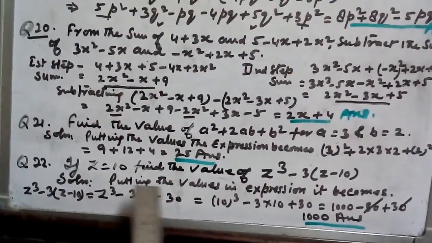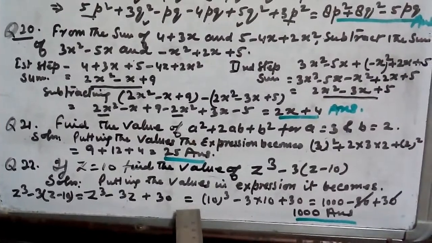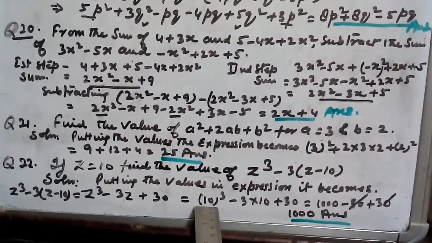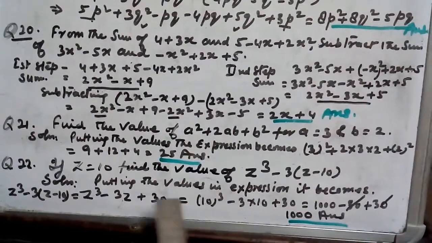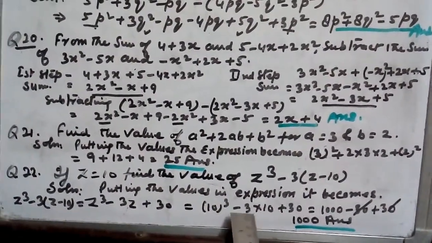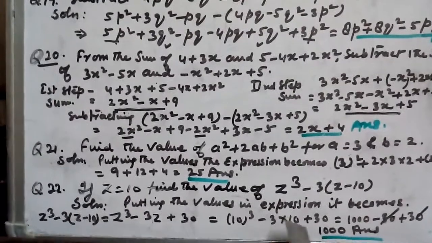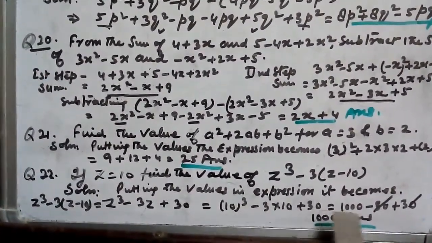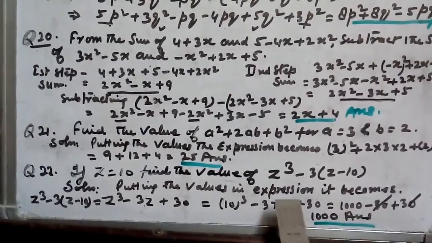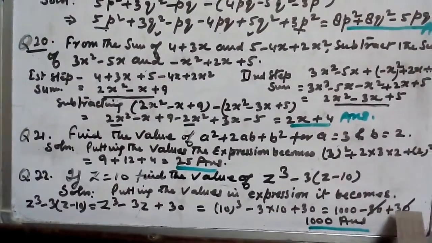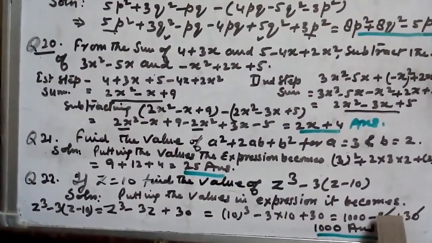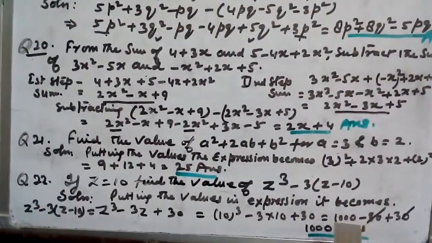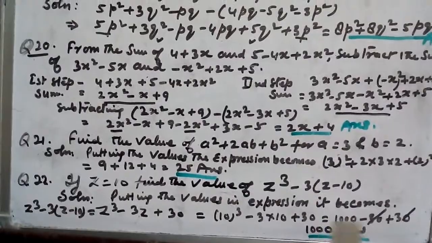Now putting the values, z cube becomes 10 to the power 3, minus 3z becomes 3 into 10, and plus 30 as such. After solving, we get 1000 minus 30 plus 30, and plus 30 and minus 30 can be cancelled out, and what remains is 1000, and that is the answer.